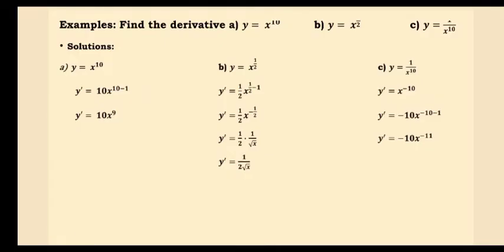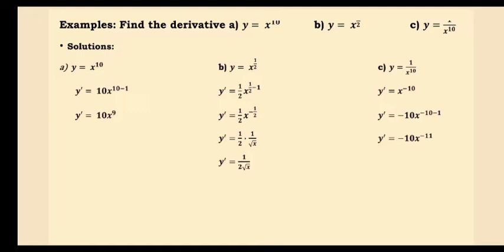So let's try an example. So let's just pick one of these examples. Let's try letter B. So in letter B, that is y is equal to x raised to 1/2. So in this example, let us try to find y prime, or the derivative of x raised to 1/2.